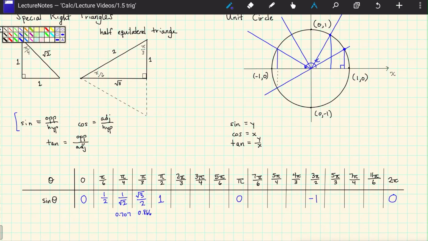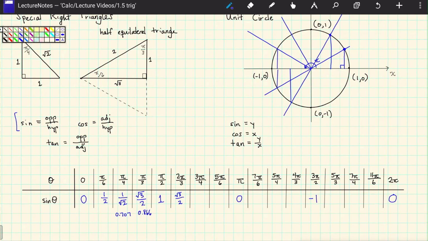My y coordinate is going to be negative 1/2. All right, and then at angle 8 pi over 6, which is the same as 4 pi over 3, the y coordinate is going to be negative root 3 over 2. Okay, so let's fill those numbers in. At 2 pi over 3, the sine of 2 pi over 3 is again root 3 over 2.